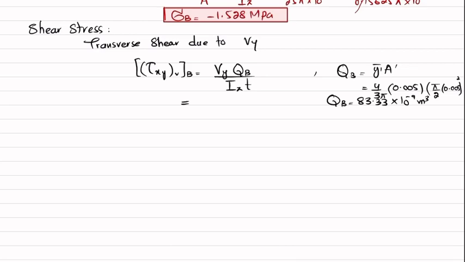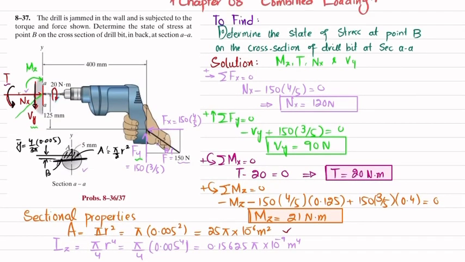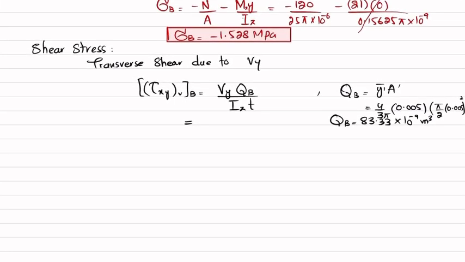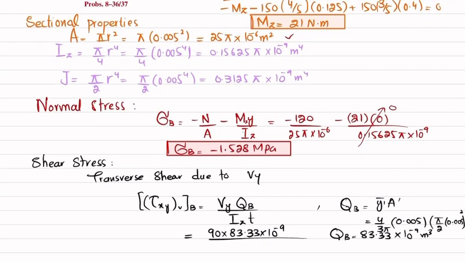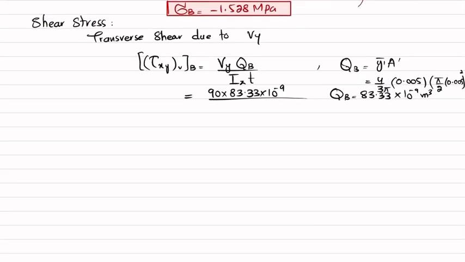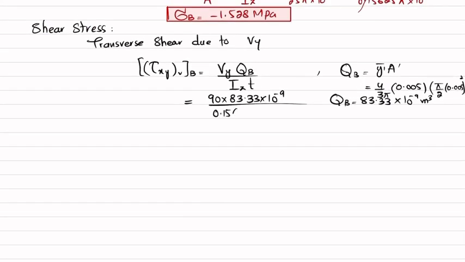Put the value, vertical shear Vy is 90. 90 multiplied by 83.33 into 10 raised to the power minus 9, divided by Iz, which is 0.15625 pi into 10 raised to the power minus 9.